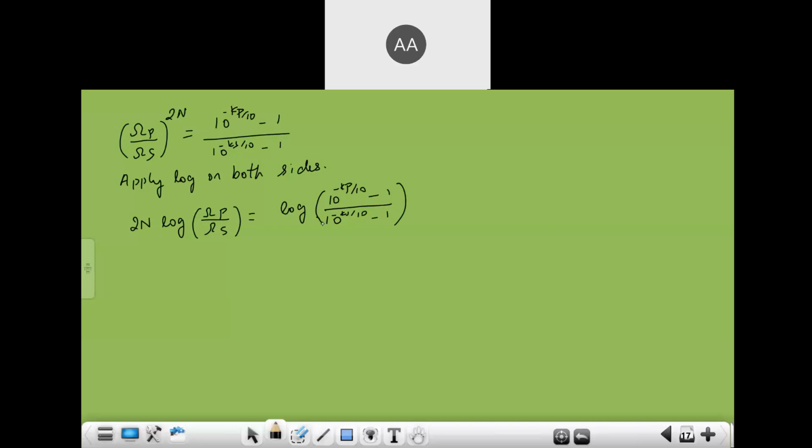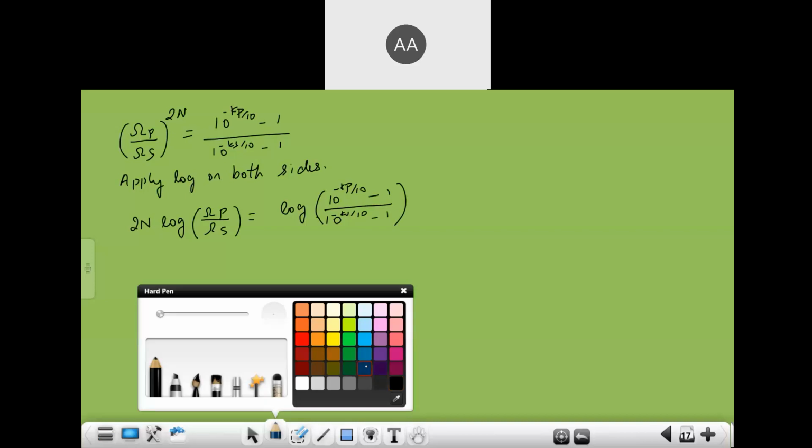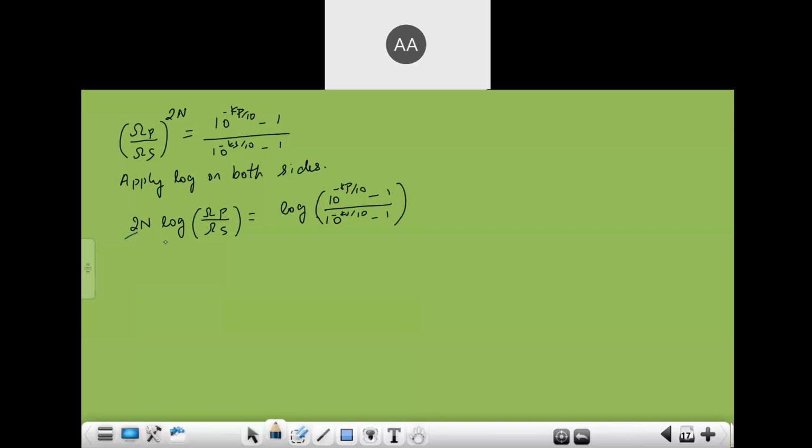Now what to do? You want the expression for n. So what I will do is I will send this term, 2 into log of this value, to the RHS. So what I'll be left with?